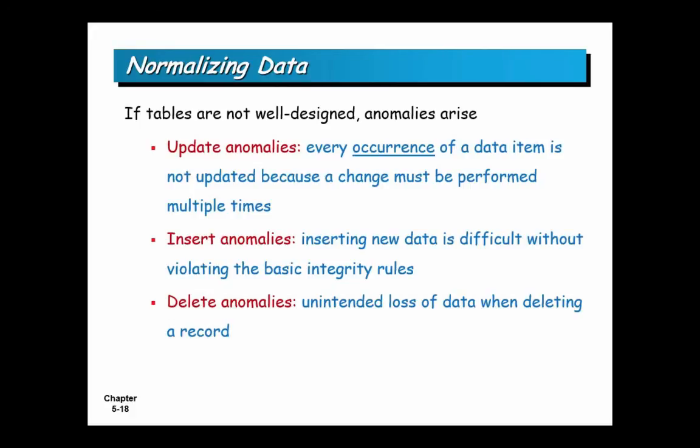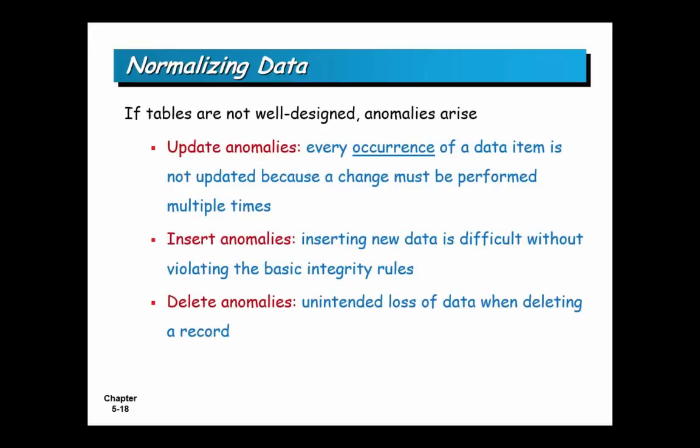An insert anomaly occurs if you cannot insert data without violating the basic integrity rule. So if you have new data you want to put in, let's say that, remember how we might combine the salesperson and the cell phone table into a single table? Let's say we did that and we were wrong. We actually have a new cell phone, but we don't have a salesperson to give it to.